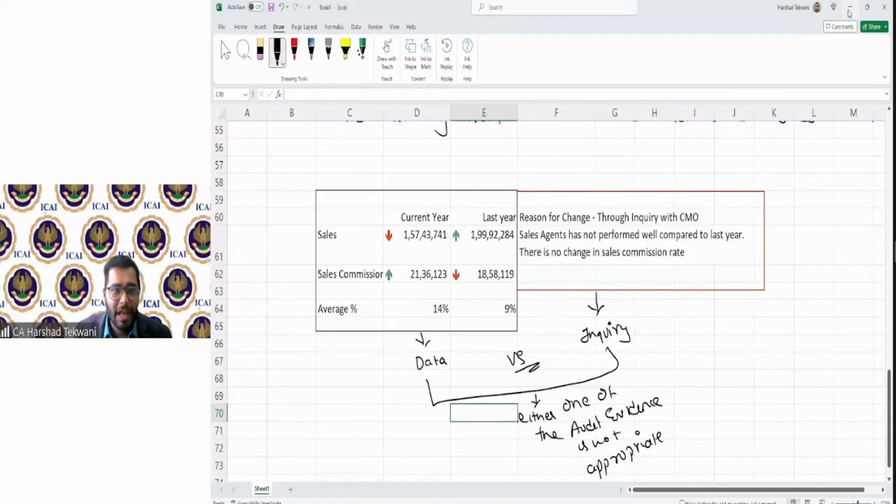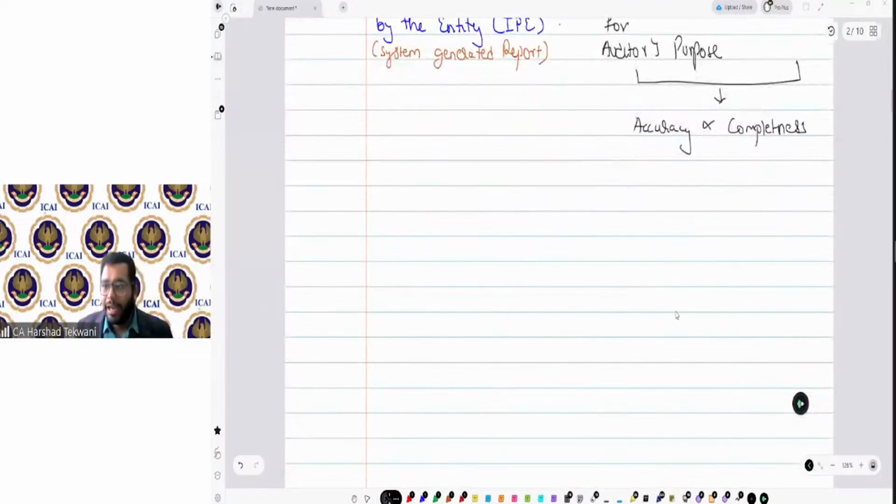If there is such a scenario where I have a doubt or inconsistency over the reliability of audit evidence, what should I do?